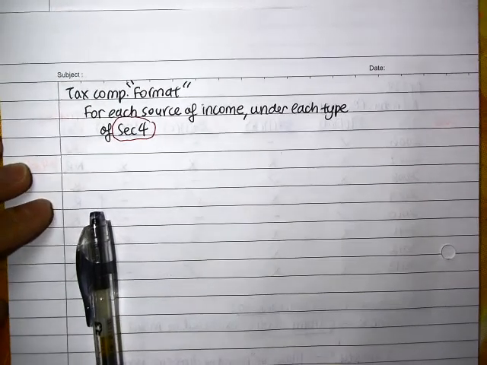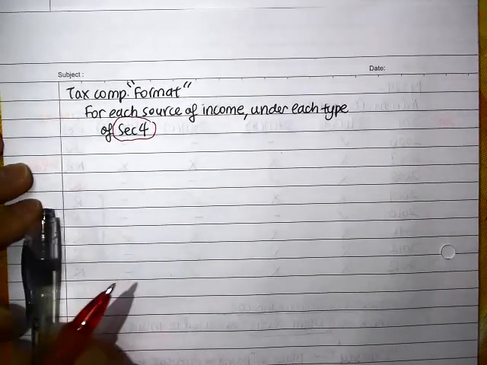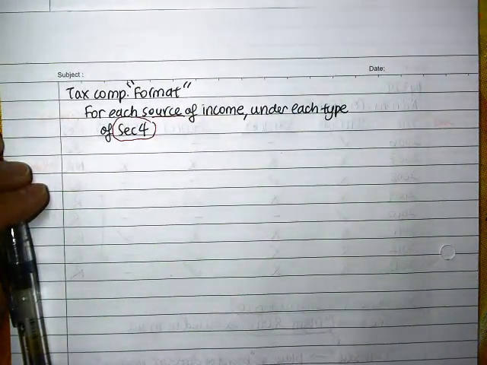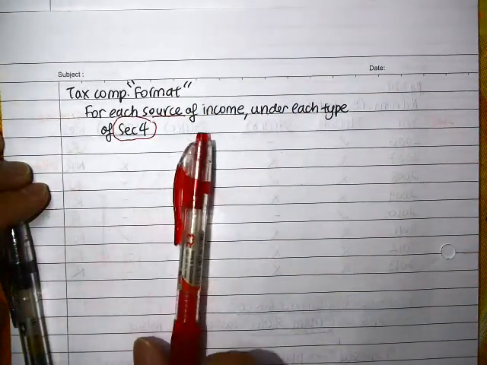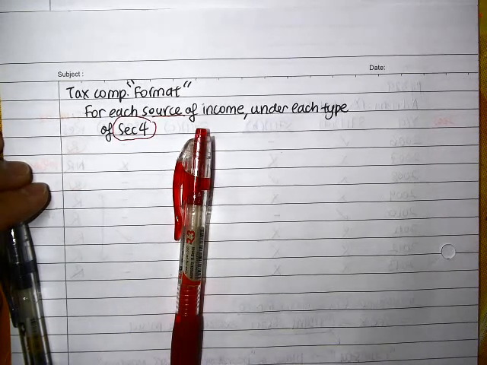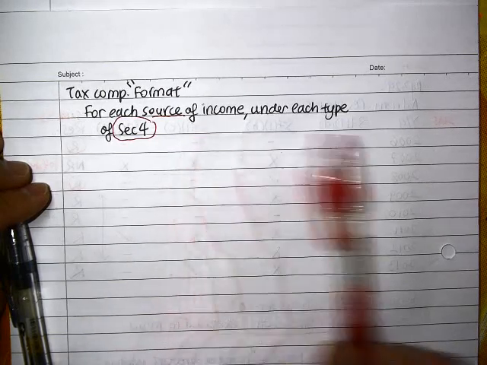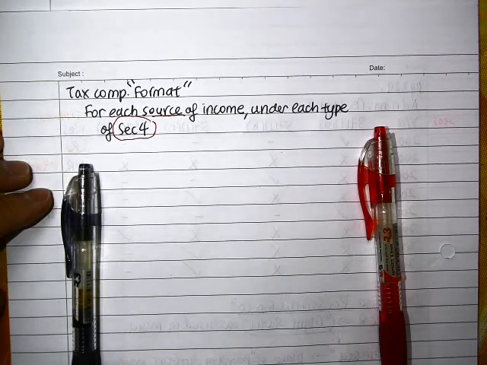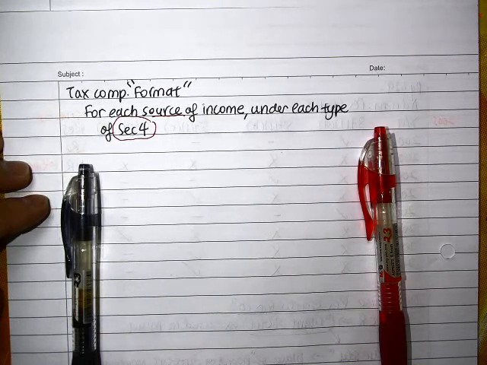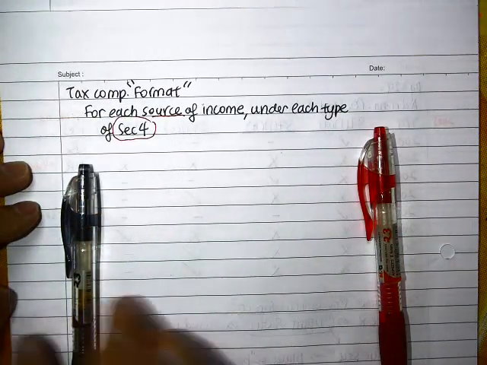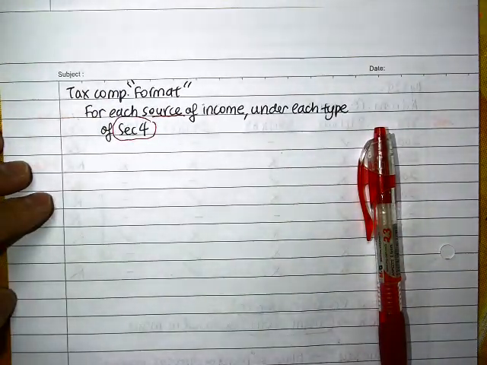Okay? Now, for every type of income and each source of it. So, for example, you can have two businesses. Business 1, business 2. Now, there will be two different sources. Now, employment also, you can have two jobs. Okay? You work full-time with this company, you work part-time with another company. So, having job 1 and job 2. There's different sources. Okay?